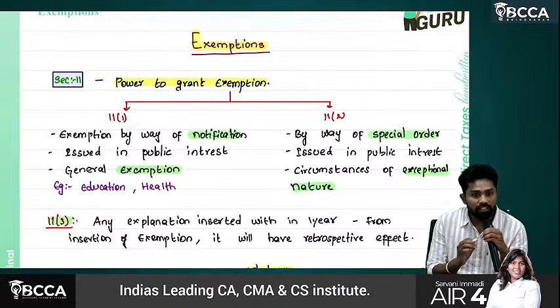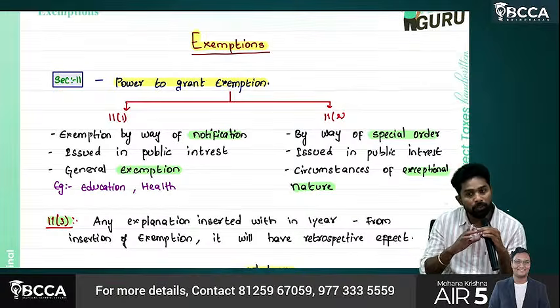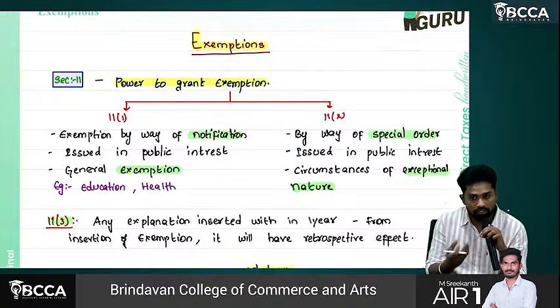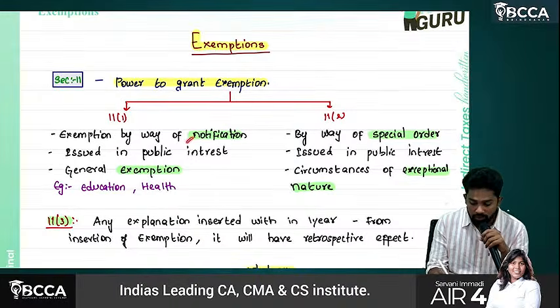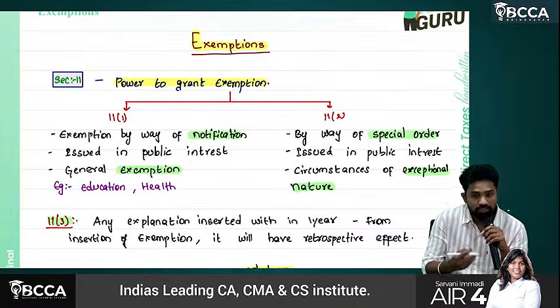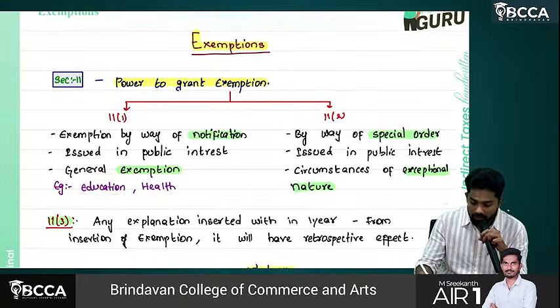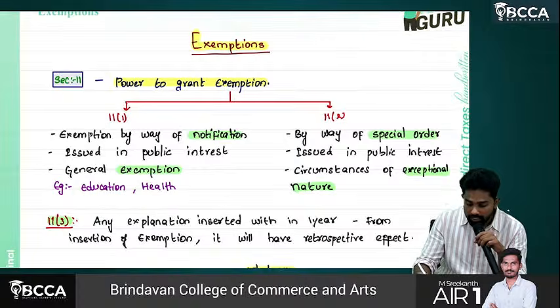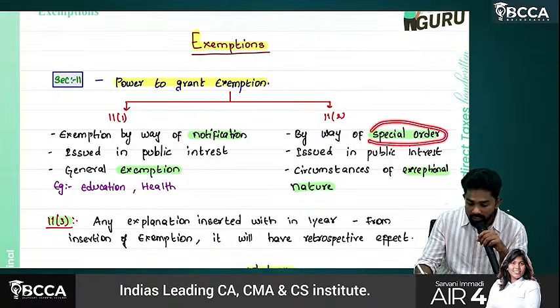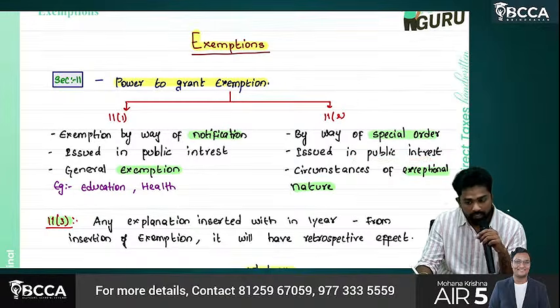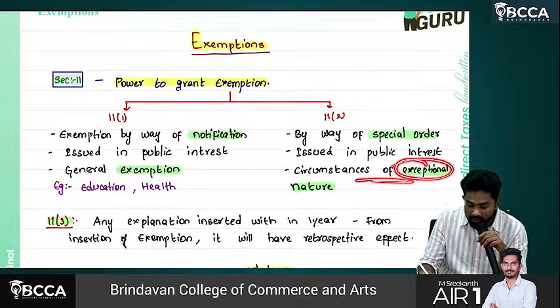These are the general exemptions, considering the public at large, which are more useful or more needed for the public at large. Those will be given as exemptions, such as education related, health related and all. And then 11 subsection 2, exemptions issued by way of special order. These are also for public interest only, but were issued in exceptional nature.